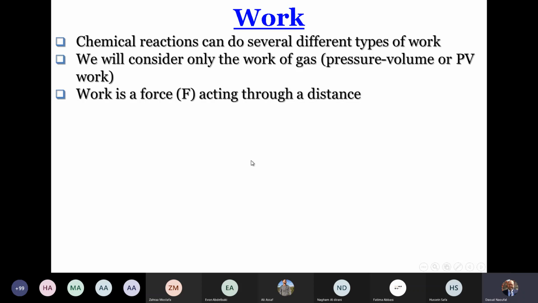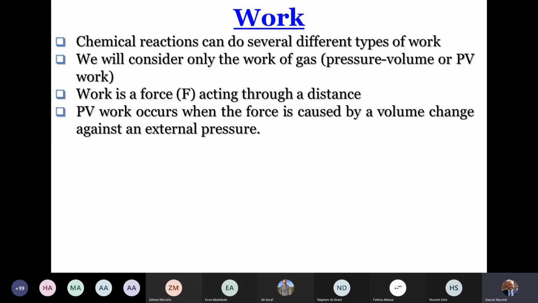The definition of work is a force acting through a distance. The pressure-volume work occurs when the force is caused by a volume change against an external pressure. I will explain this in detail later; now I give only the definitions of work, and I will explain the formula for the work of a physical transformation later.